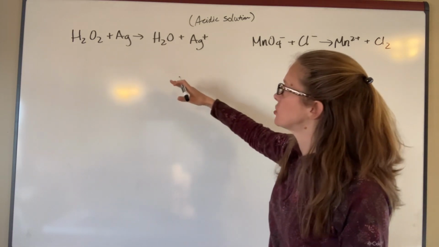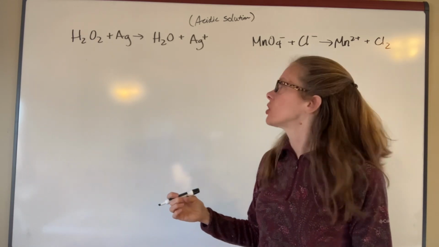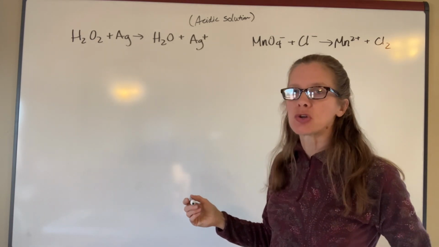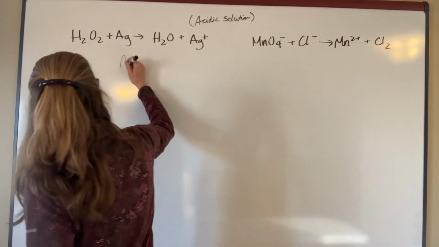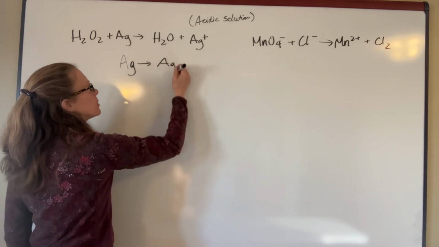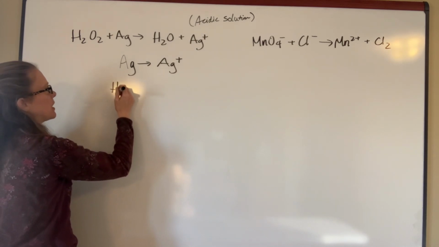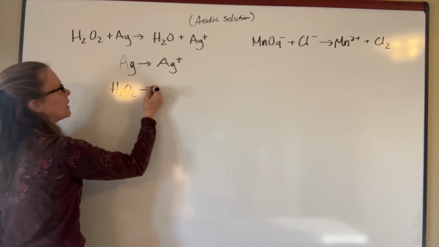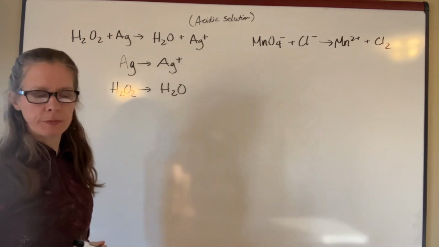So I want to make sure that I'm using this redox method so that when I get finished, my charges are balanced, okay? So we're going to start out by writing the two half reactions. I'm going to have Ag going to Ag plus, and then my other half reaction is going to be H2O2, and it's going to go to H2O, okay?